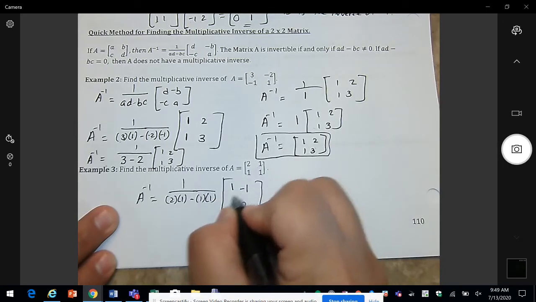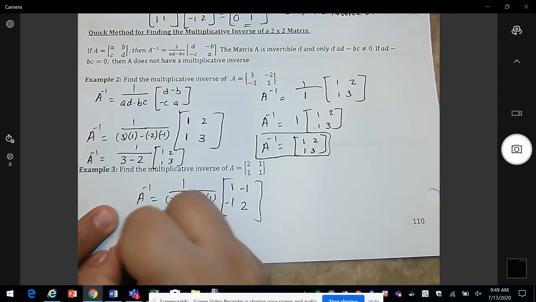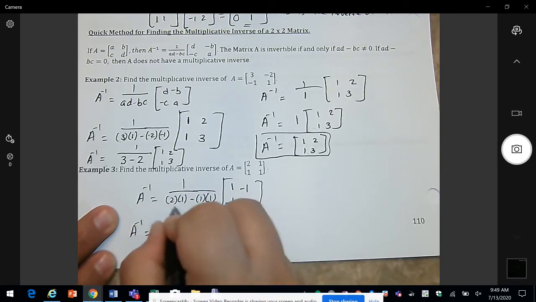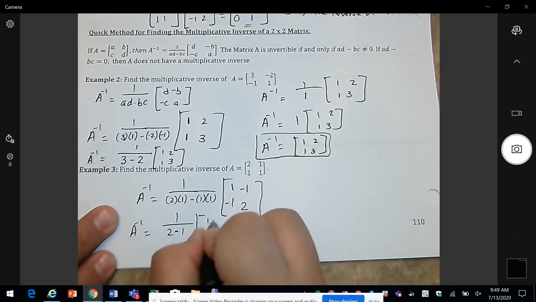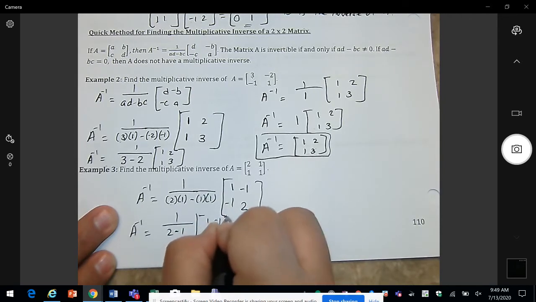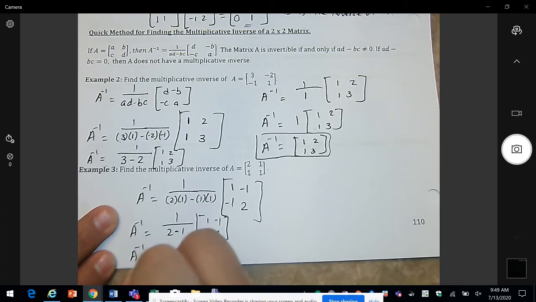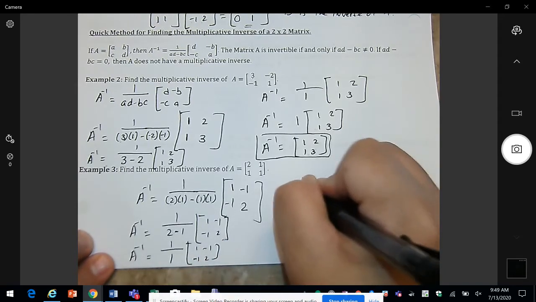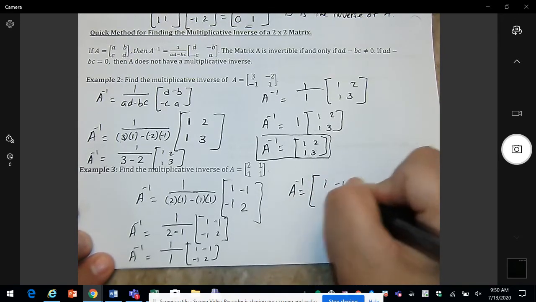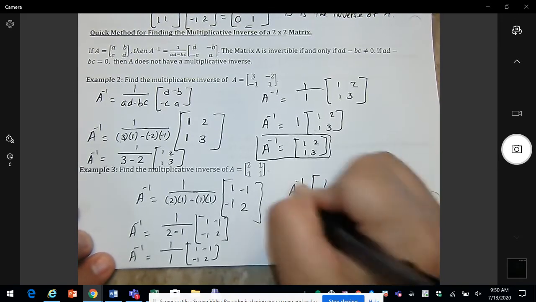Change my signs, -1, -1. 2 times 1 is 2, minus 1. And 2 minus 1 is 1. So 1 divided by 1 is 1 times the matrix, which will come out to 1, -1, -1, 2.